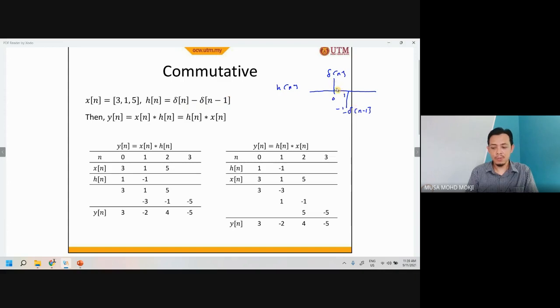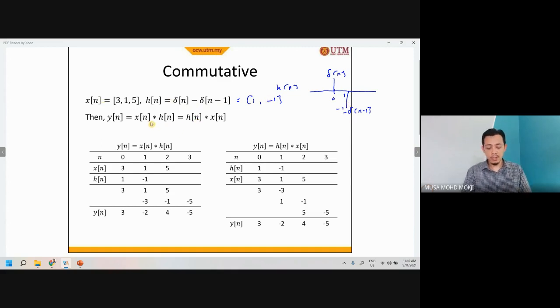Actually this is just equal to 1, minus 1. So we have two values: this one is 1, this is minus 1.